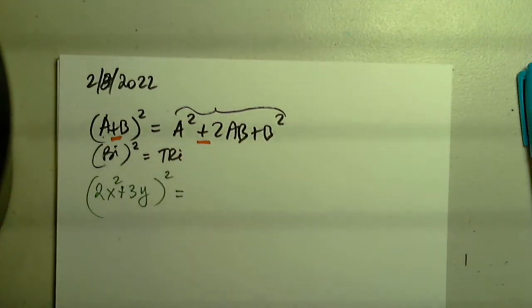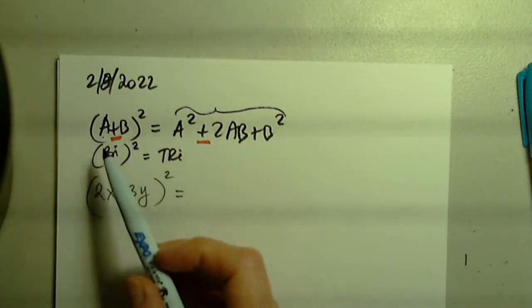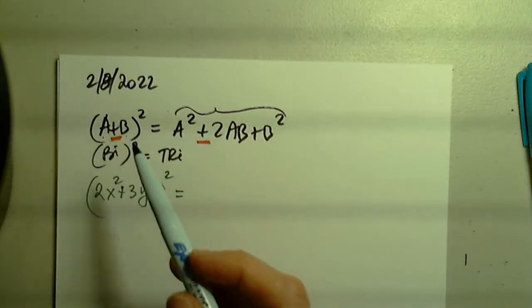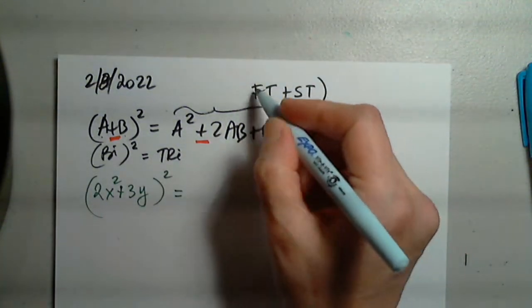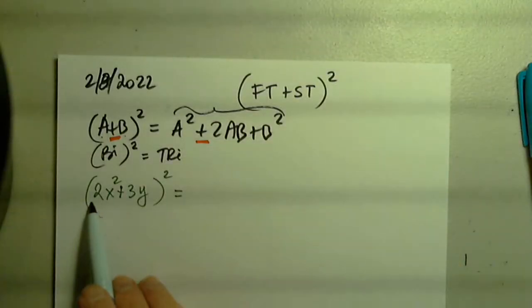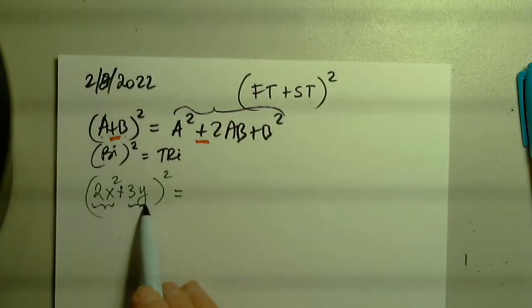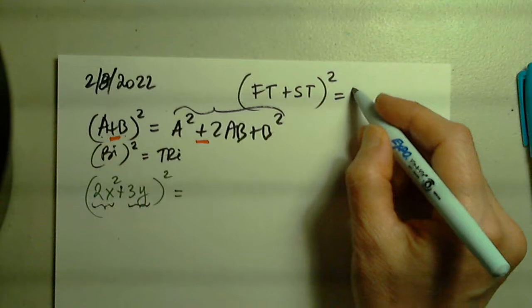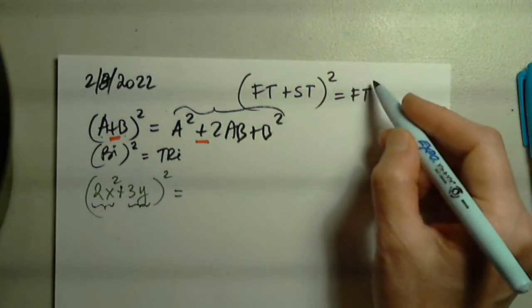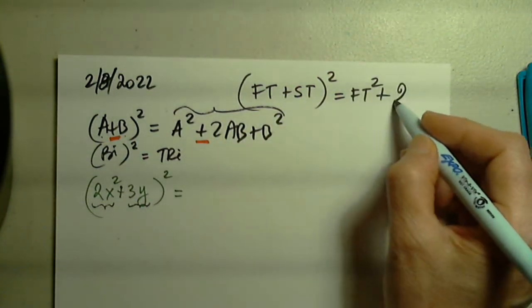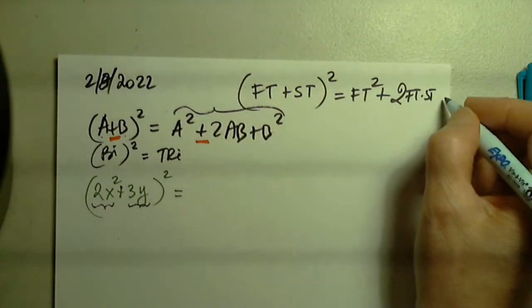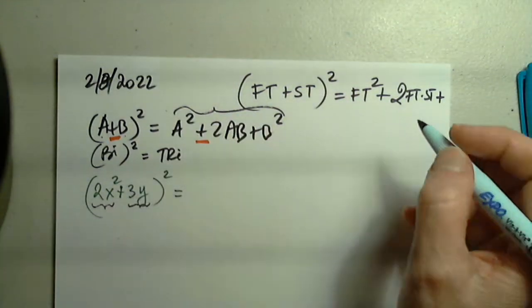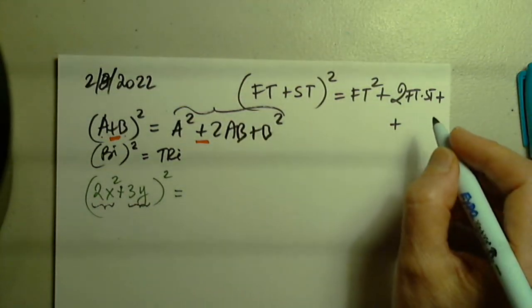What does the formula say, right? The formula says first term plus second term, everything squared. And this is first term squared plus twice times the first term times the second term. You will always realize that because I write so big, I always run out of room.